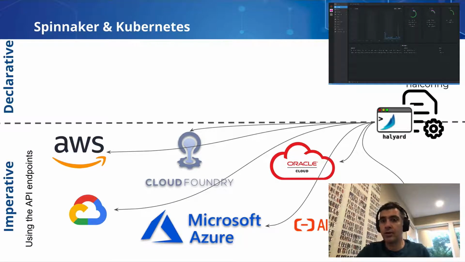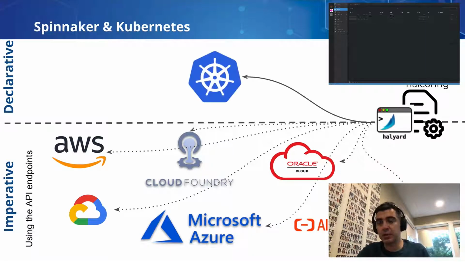And so when Kubernetes came about, there was a disconnect between the way Kubernetes preferred or allowed the deployment of software and the way Halyard was structured to deploy stuff.